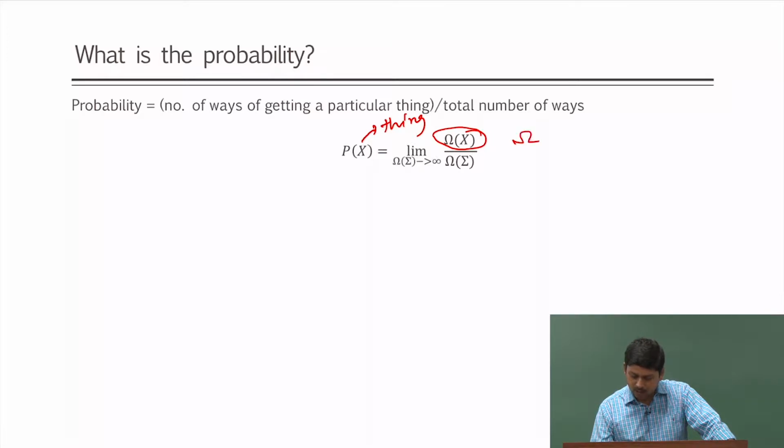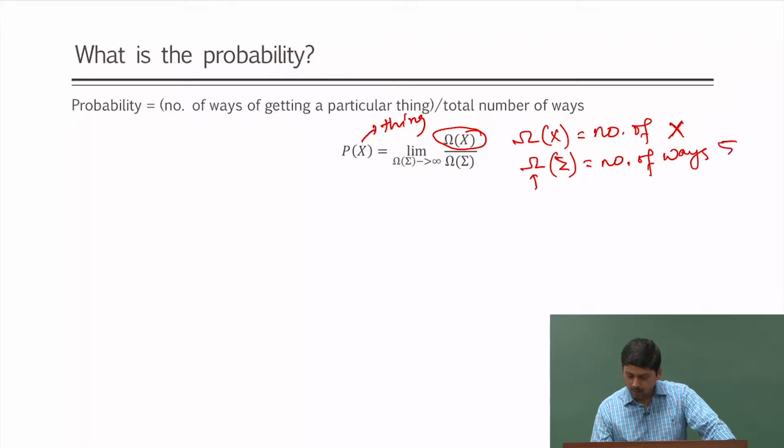So, this is counting the number of x, or number of ways of getting x, divided by the total number of ways. Again, this omega denotes the number of ways, and sigma denotes all the possible things that can come, all possibilities.